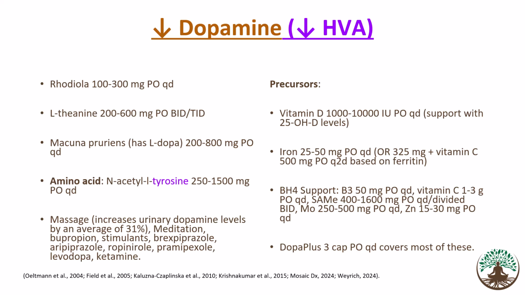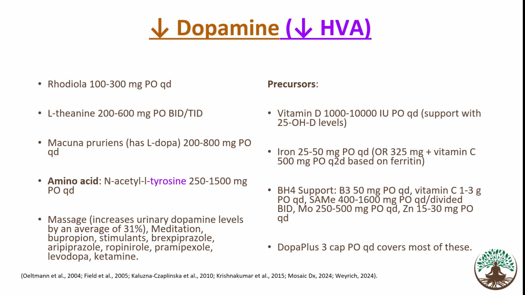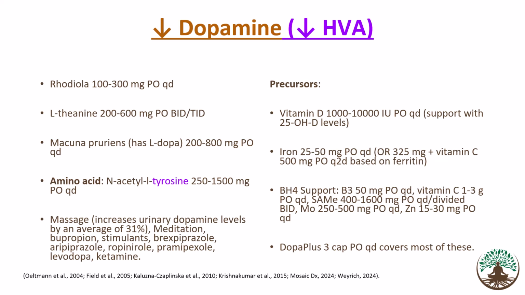One that is most specific to dopamine is Dopa Plus. This also has low-dose L-theanine, rhodiola, and mucuna pruriens, and can be used to wean off dopaminergic agents. You'll notice a recurrent theme with the use of a few of the empiric options such as rhodiola and L-theanine. Remember that lower doses of rhodiola support low neurotransmitters.